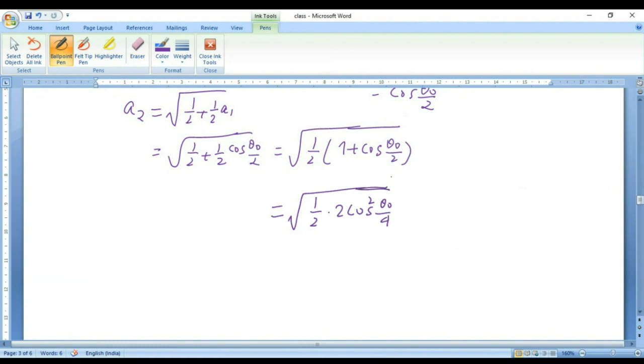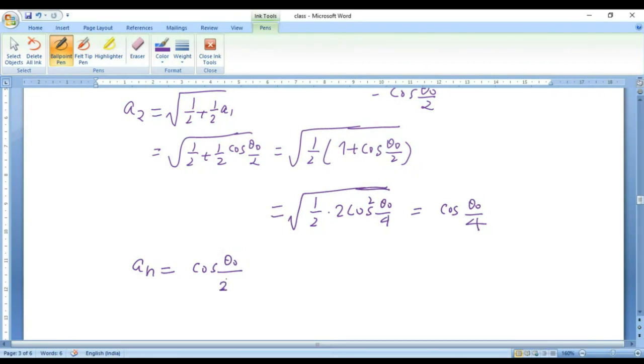So it started with theta naught, then theta naught over 2, then theta naught over 4, and so on. So I should get here cos of theta naught over 4, this is a2, all the way. So a n I will get as cos of theta naught over 2 to the power n.